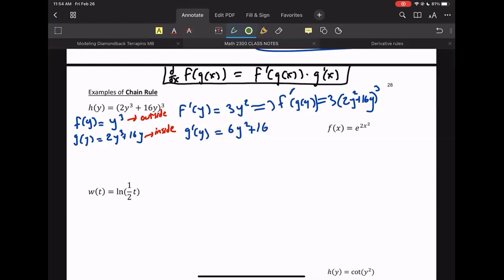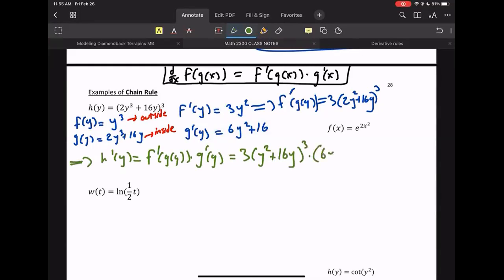So the final answer then, h prime is going to be f prime of g of y times g prime. And we have those two pieces, so it's going to be... The reason it gets complicated again is because you have something inside the other thing, right?